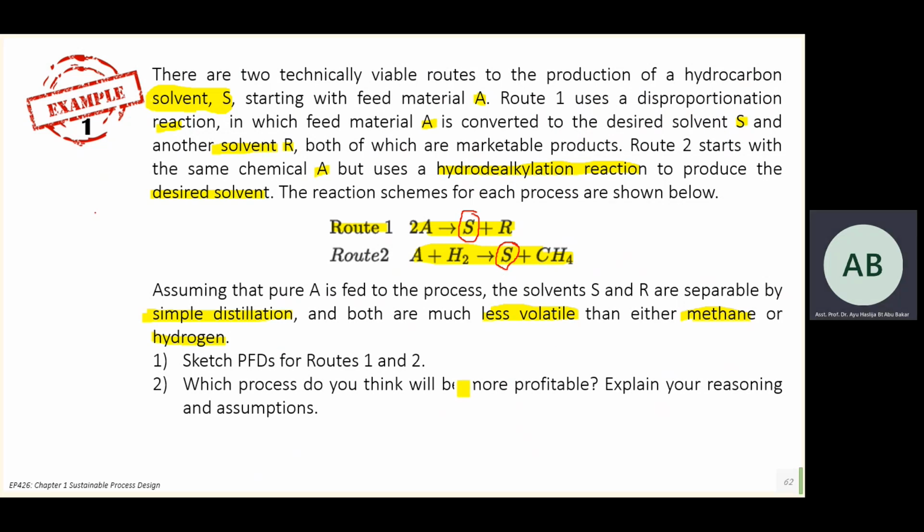Okay, now the question asks you to sketch PFDs for routes 1 and 2. I would say sketch the BFD, not PFD, BFD, block flow diagram. Now we do it together.